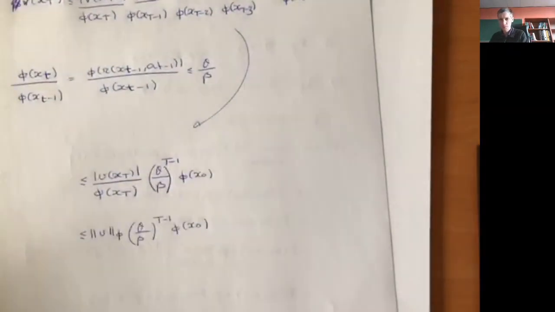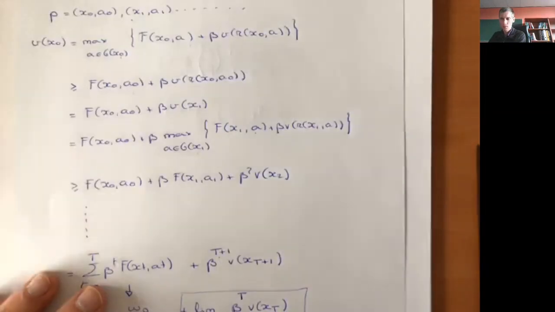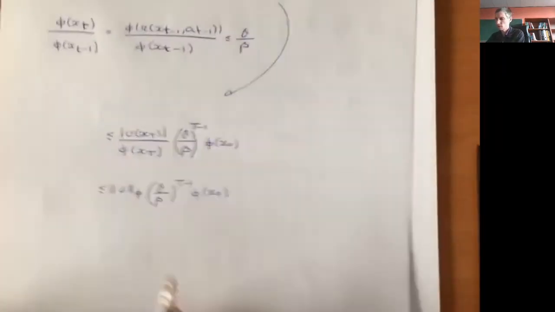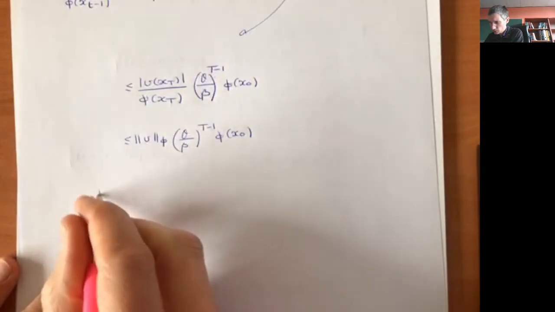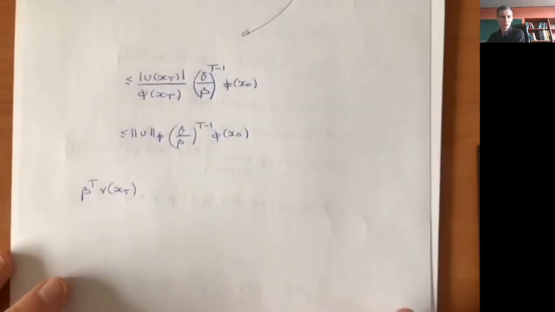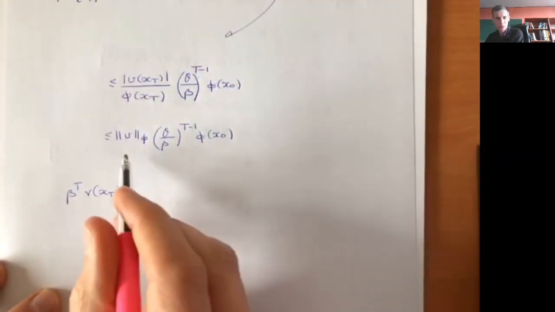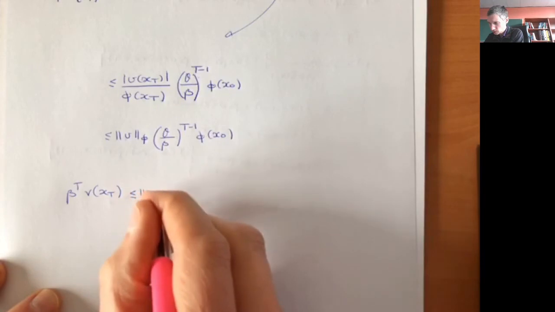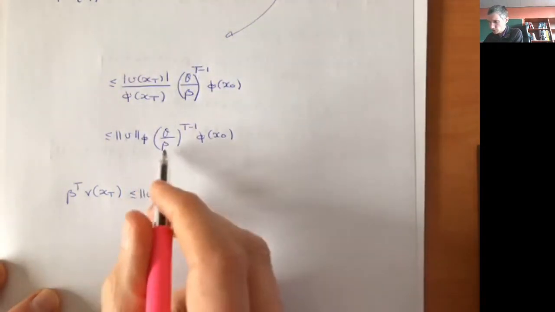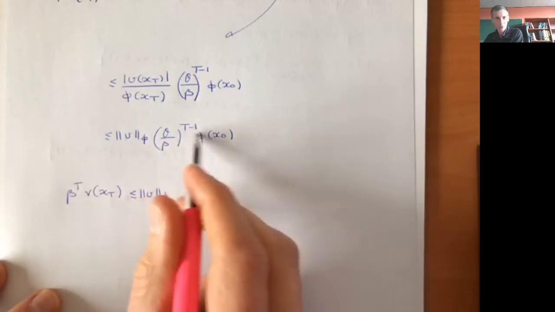So remember where we were. Yes, we wanted to get a bound on this limit. Right. So beta to the power t v xt. So we have that this is less or equal to phi norm, beta to the power t divided by beta to the power t minus 1.